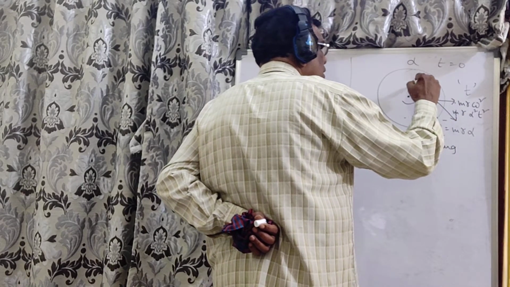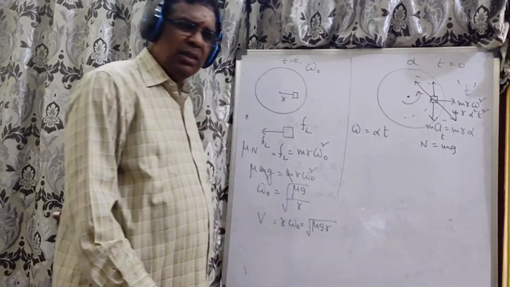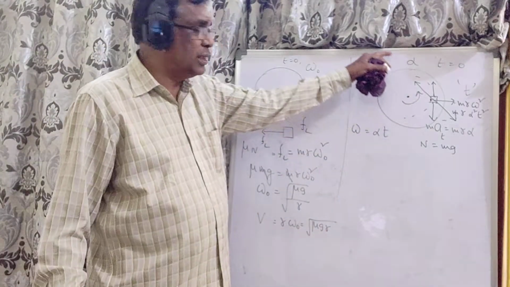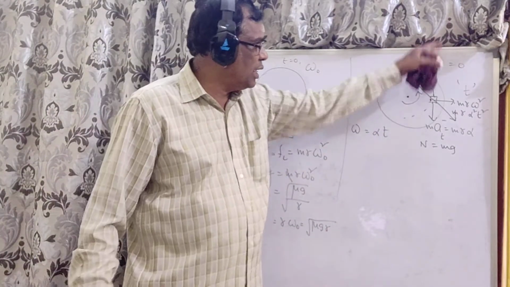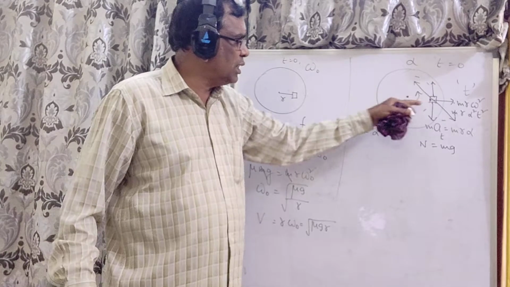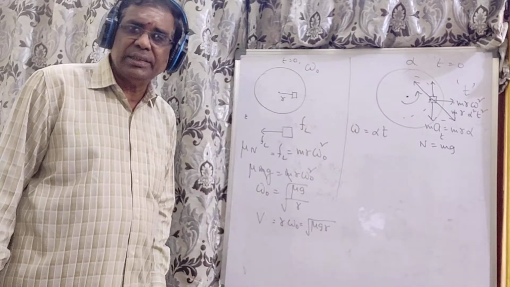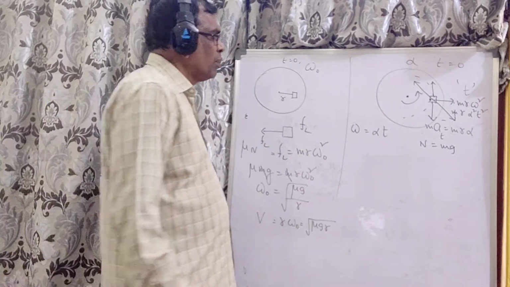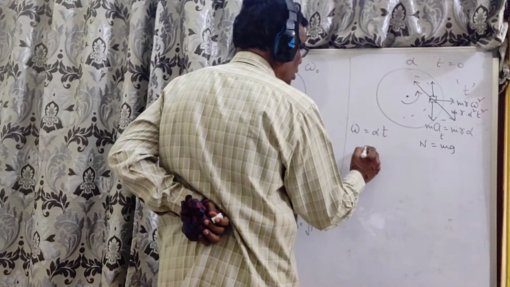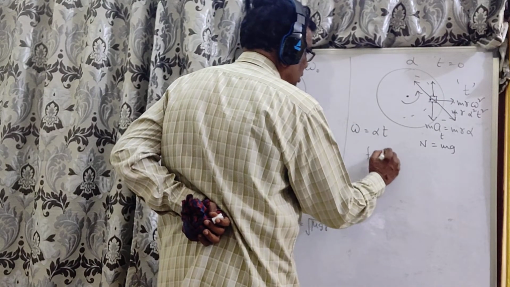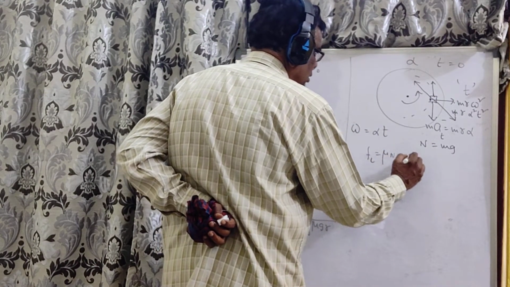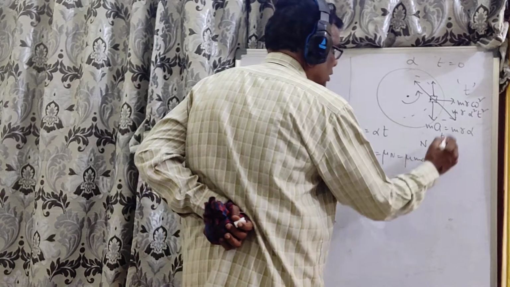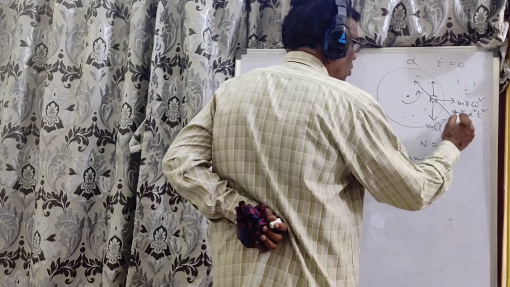So what should be the direction of frictional force? Be careful: it is neither tangential nor radial, but the resultant of those two, making a certain angle. And therefore your FL is mu N, which is mu mg. What are you putting?